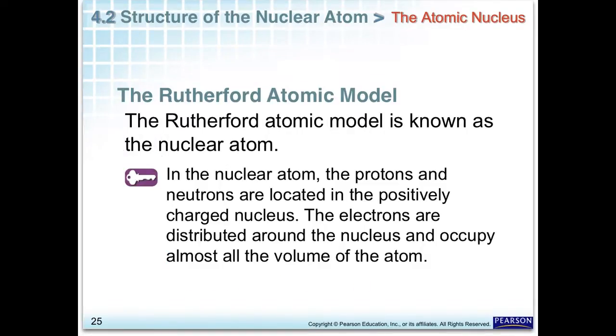This model is now known as the nuclear atom because it has a nucleus. So we know the protons and neutrons are together in the nucleus, and then the electrons are distributed around the nucleus and take up almost all of the volume or the space.